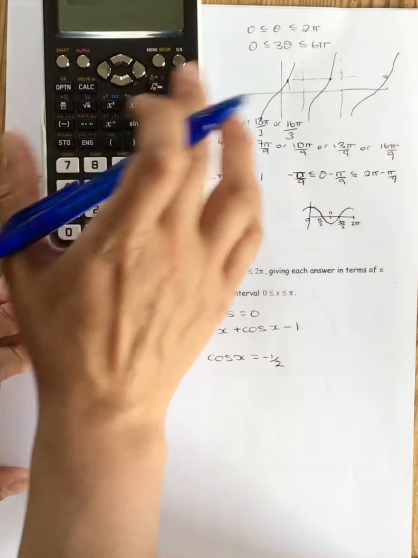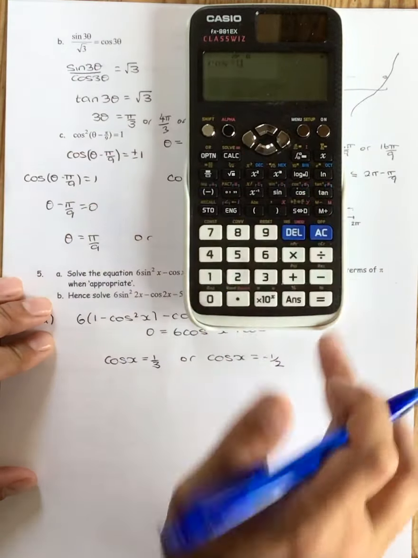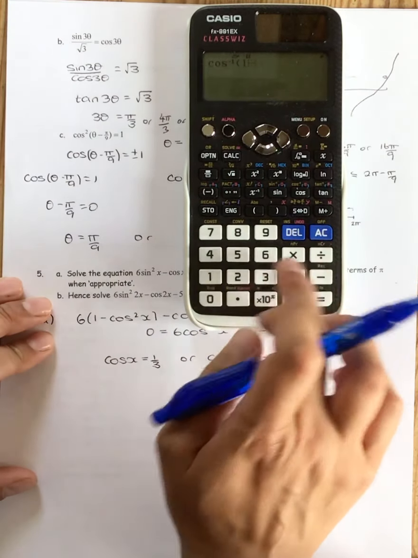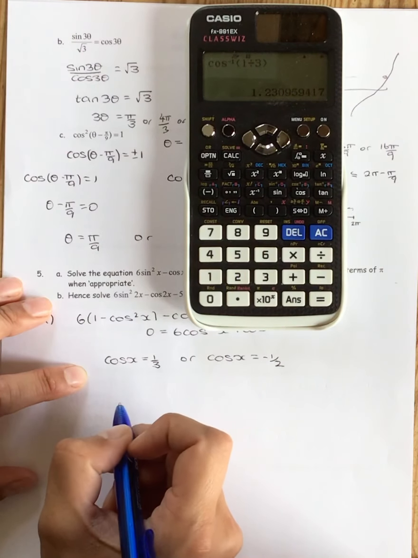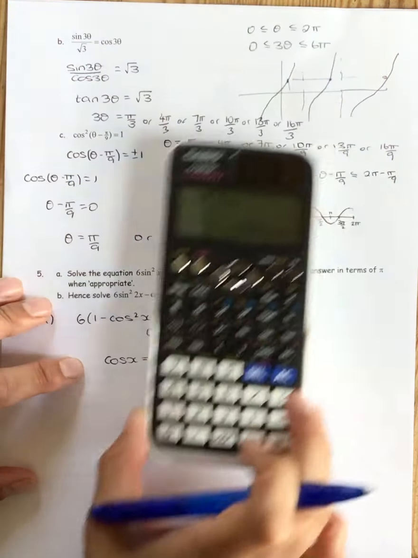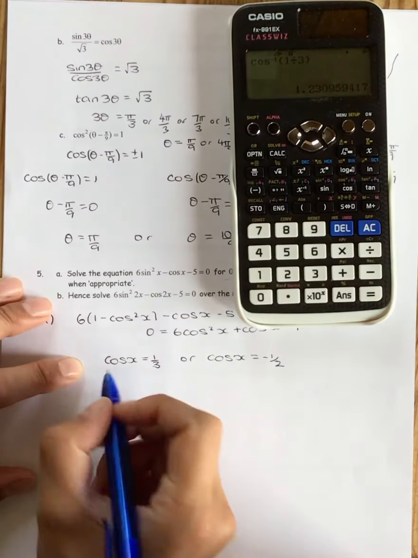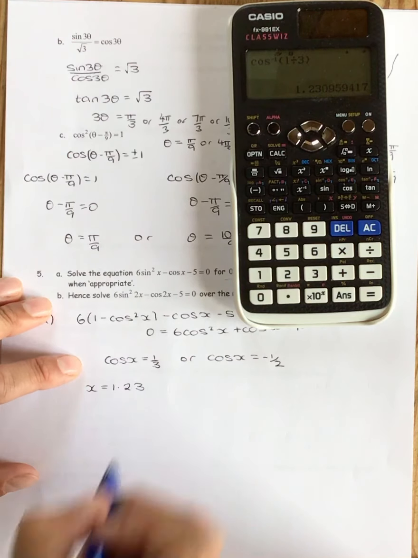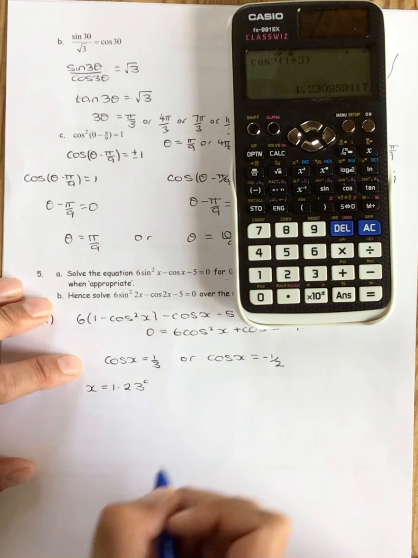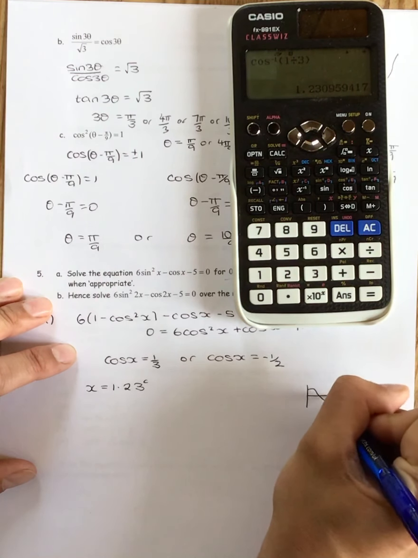So let's use our calculator to use inverse cos to get our first value. Inverse cos of 1/3 gives us 1.23. It says give our answers in terms of pi where appropriate. It's not appropriate, so let's just choose to do this to 3 significant figures. And we need to consider any other roots between 0 and 2 pi.